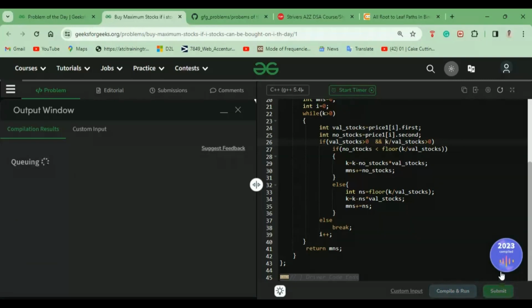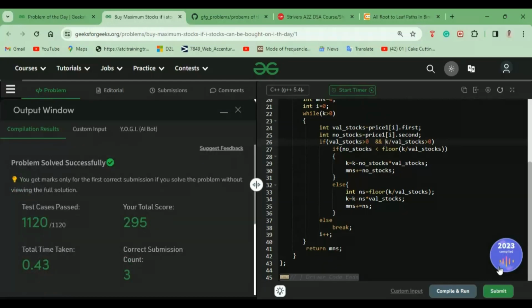Okay, let's submit. Okay, you can see it's a success, problem solved successfully. Okay, now this is the solution.